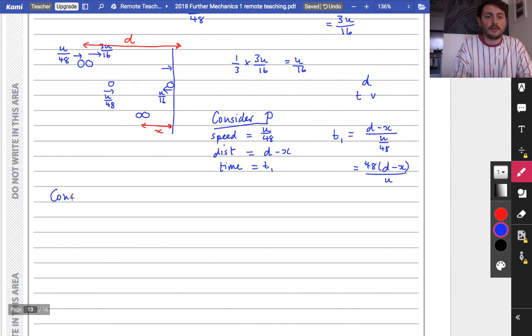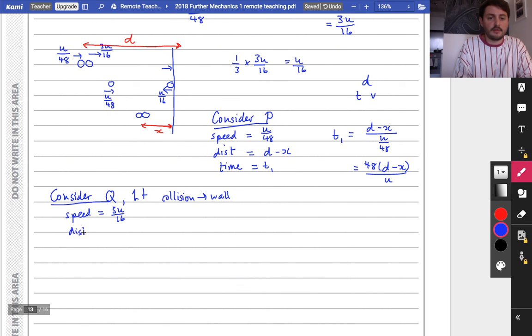I'm now going to consider Q in two journeys. I'm going to consider Q from the first collision to the wall. And I know that the speed of Q is 3u over 16.